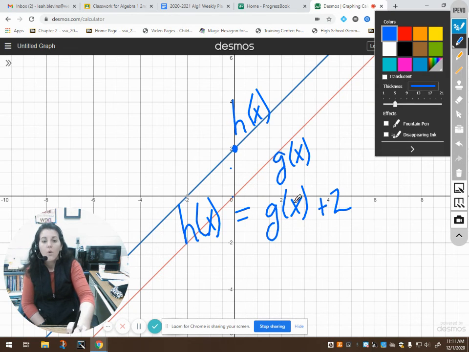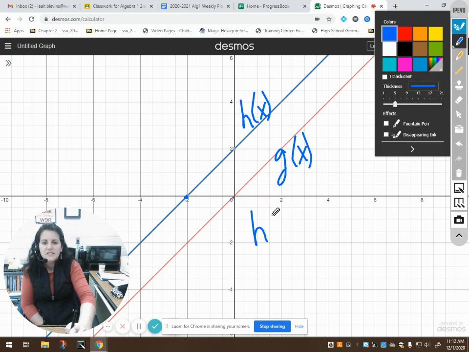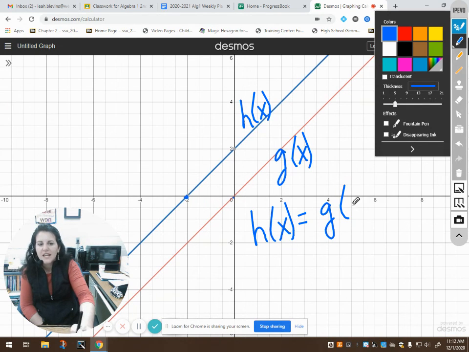Or we could have looked at it and said, well, maybe it was a horizontal translation. Maybe it wasn't a vertical translation. Maybe to get from g of x to h of x, it shifted this direction. So the other way of looking at this is h of x is equal to g of x minus a negative 2, inside the parentheses.